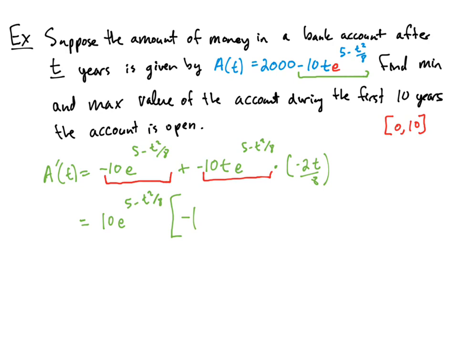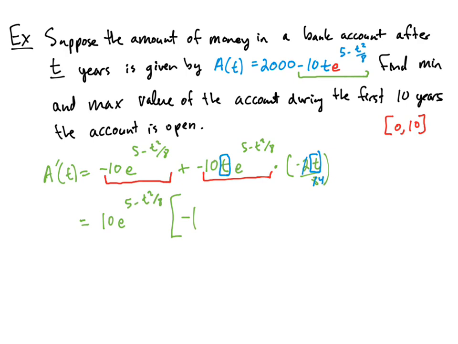In the second term, we have a t right here, and then we have this t, so we're going to have t squared, and I can reduce the 2 and the 8 to 4 in the denominator.